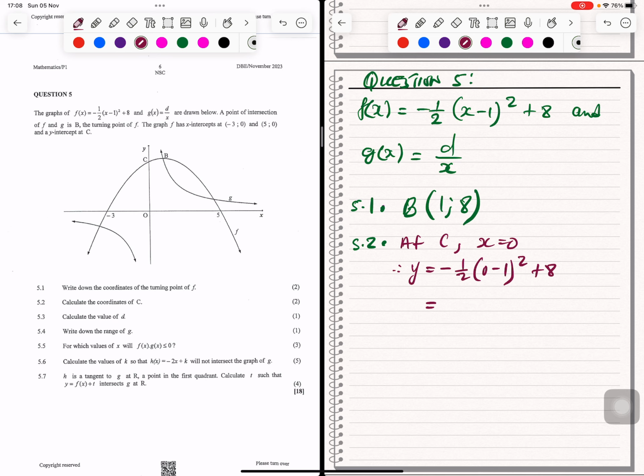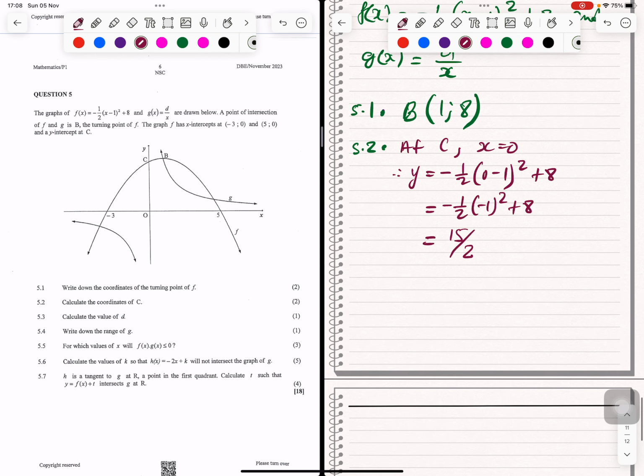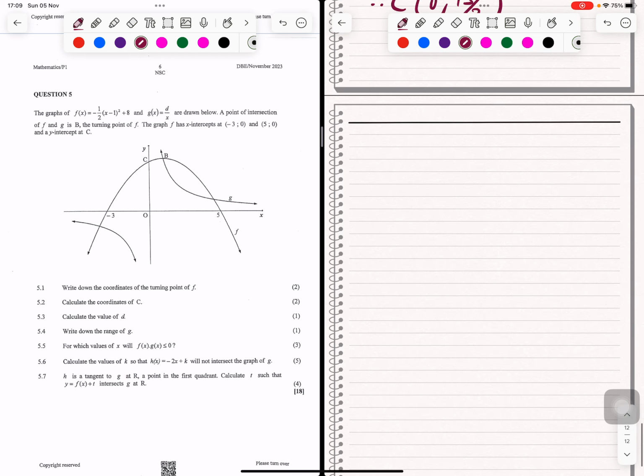You shouldn't take too much time doing these things. Just use the calculator and do it nicely. You'll get 15 over 2. Therefore, C is when x is 0 and y is 15 over 2. That is the coordinate of C. Okay. Now, let's move to 5.3.